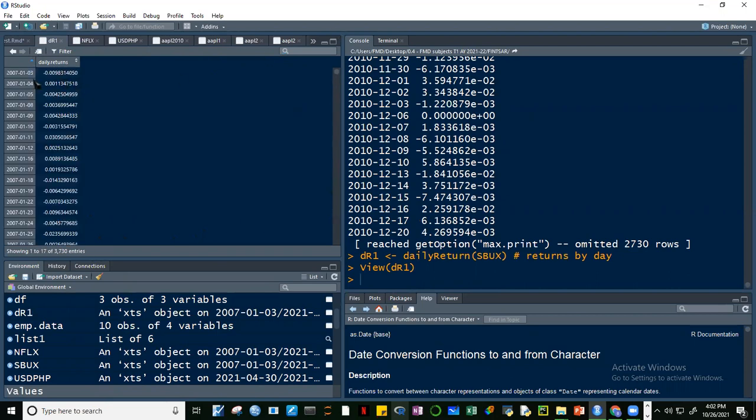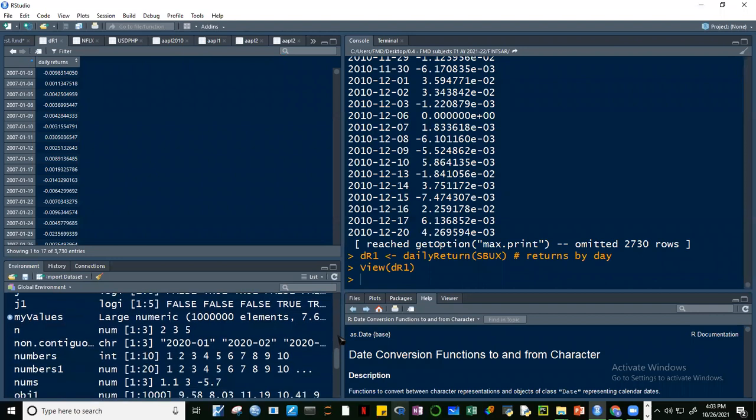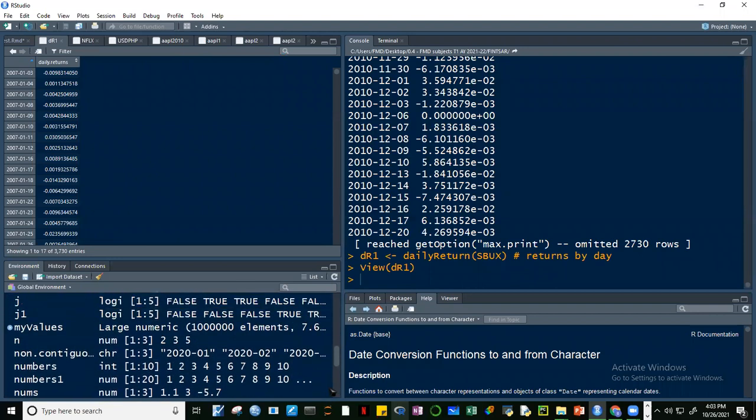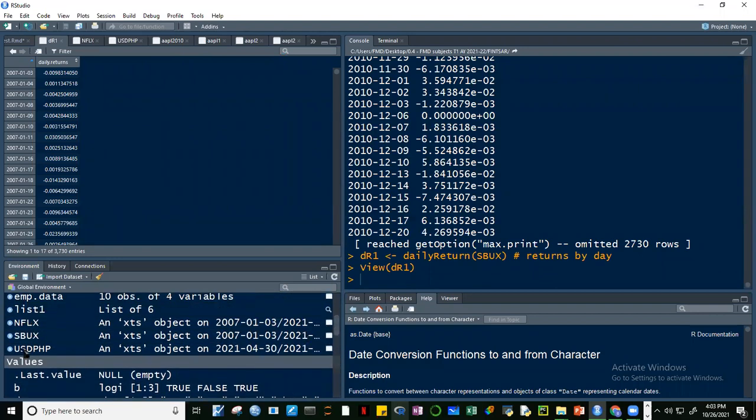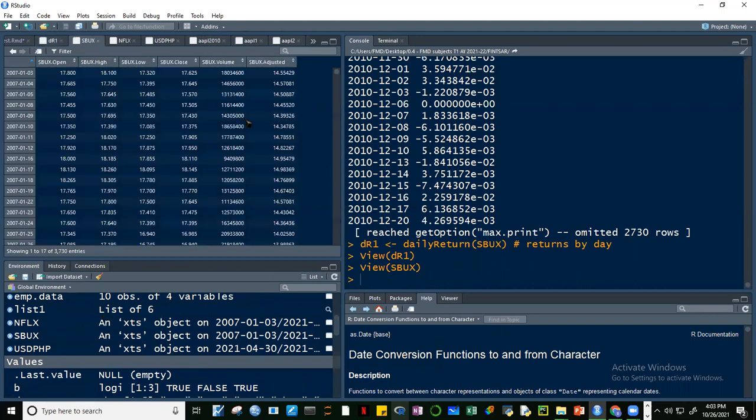So what returns were used here? Are these log returns, guys? Where's our Starbucks? SBUX. Let's identify, guys, what kind of returns were used. Did it use the adjusted or the closing? Let's copy first the closing.